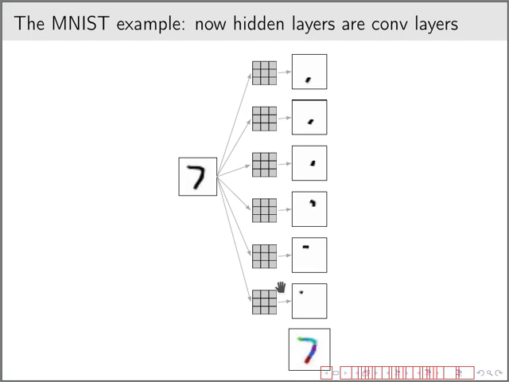Let us see an illustration that is not a realistic one, but is a way to see how convolutional layers operate. Now I operate locally, so every filter is going to specialize in a spatial local property of the image. Let us say that I want to recognize the digit 7.